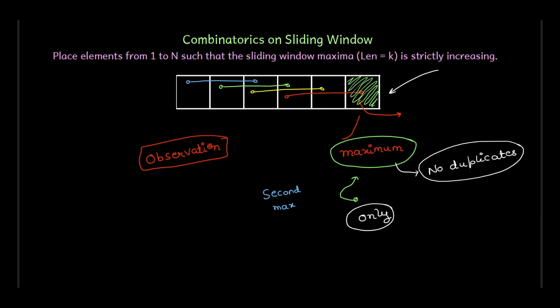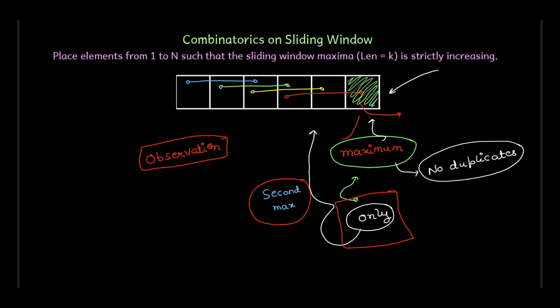We said that it has to be only in the last window, it cannot be in an overlapping region, and that is why the maxima has to be in the last slot only. This means that the maximum element should not have a duplicate. So if the maxima does not have a duplicate, there is nobody competing with the second maxima wherever it is, unless the second maxima is in the last window itself.